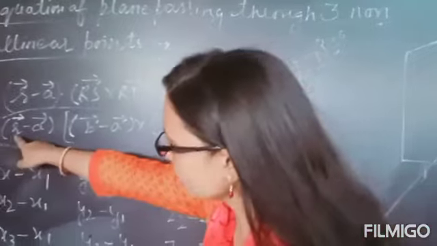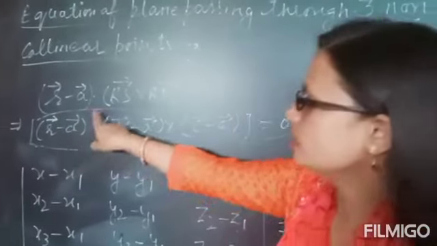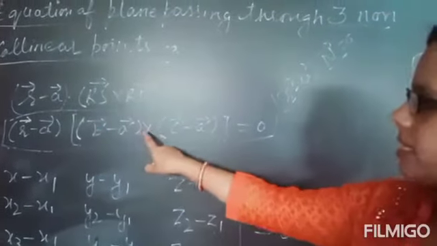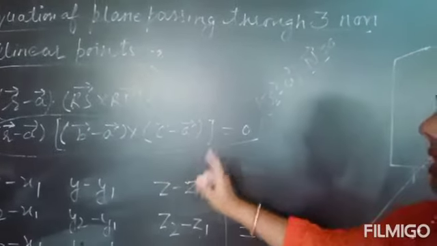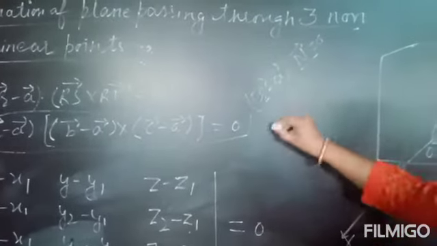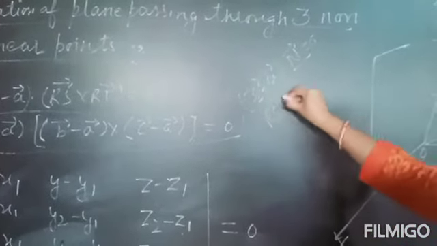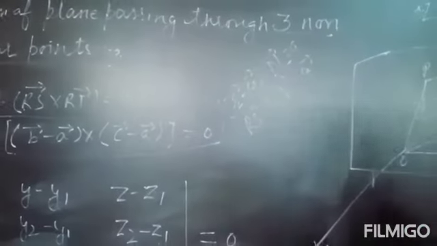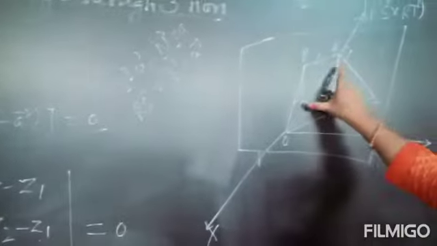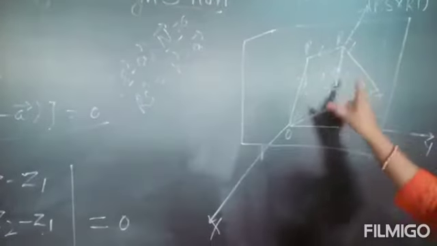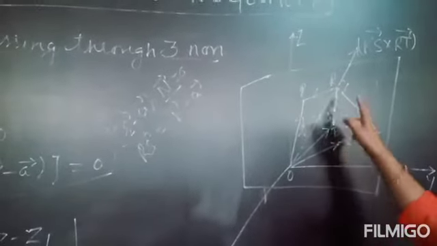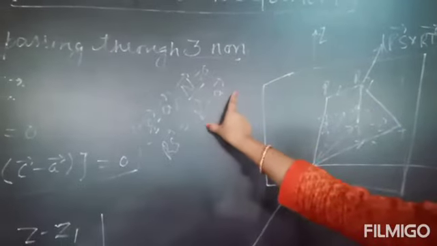Here (r vector minus a vector) dot ((b vector minus a vector) cross (c vector minus a vector)). See students, RS vector is equal to b vector minus a vector, because the position vector of R is A and of S is B. So to write RS vector, we write S minus R, that is b minus a.